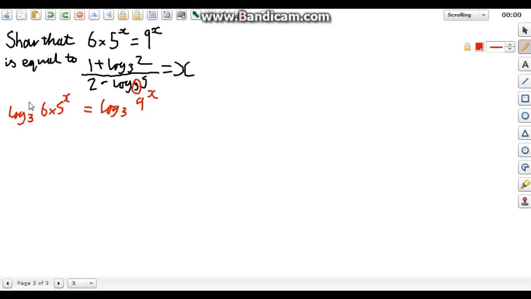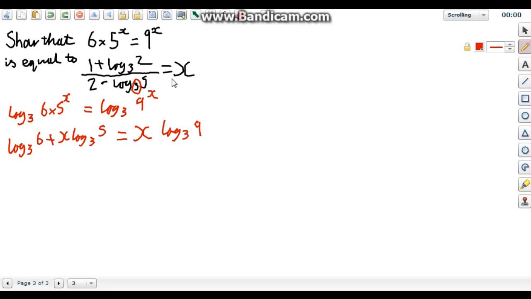It's got a power, but I can't bring it forward until I've split it up. So I would split it up. I would get log to the base 3 of 6 plus, and then I could bring the x forward to get x lots of log to the base 3 of 5. And that would equal, I can bring this x forward, x lots of log to the base 3 of 9.